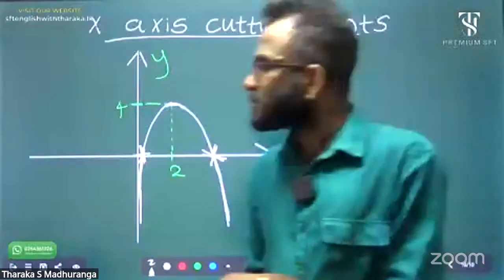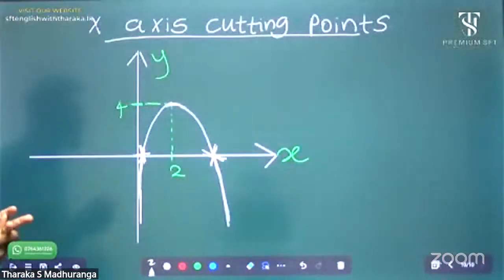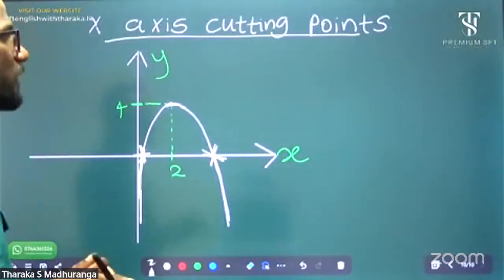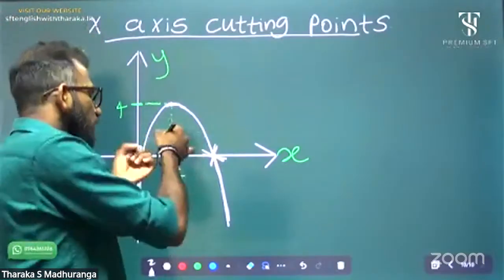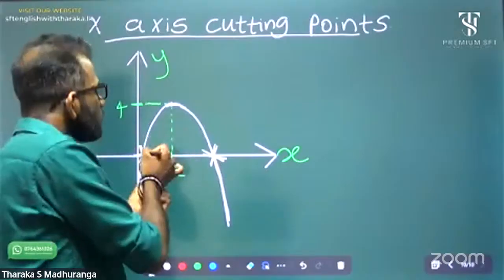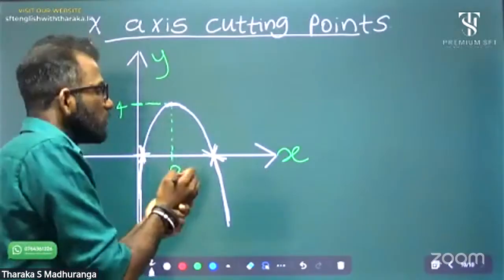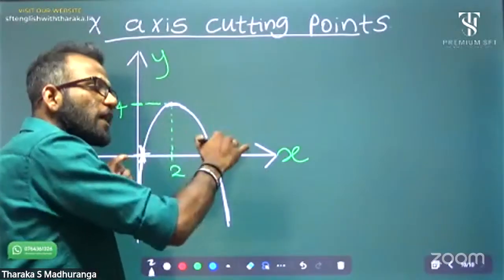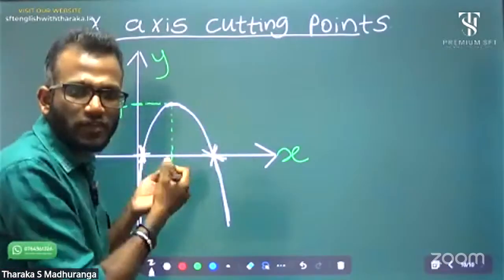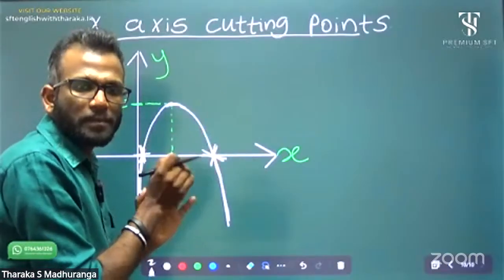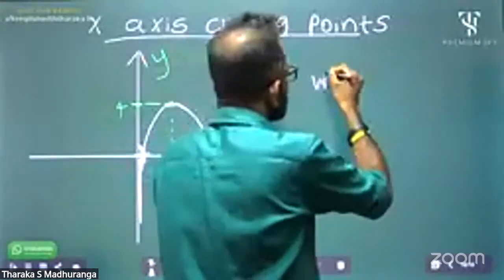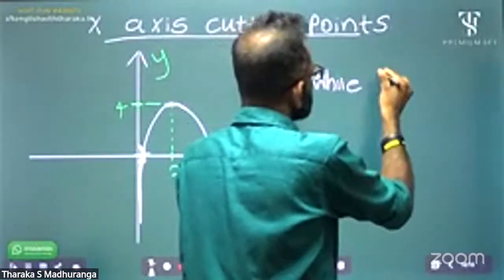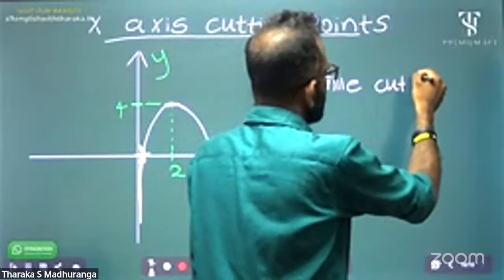Simple. Okay, how to do this? How to find this y-axis coordinate? When the graph cuts the x-axis, how about the y-axis value?